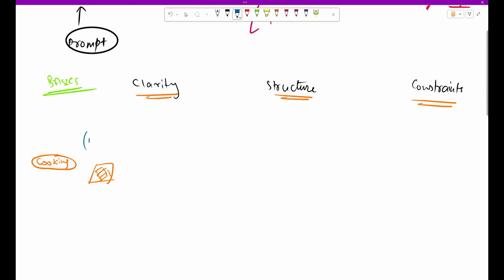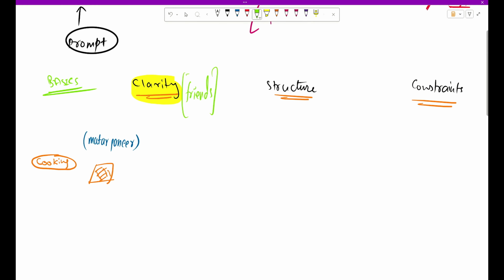So let's say I assume something called butter paneer. This gave it the clarity of what needs to be made. Clarity, I can say, is when you tell it exactly what you want, but in a simple and direct language, just like we talk with our friends.